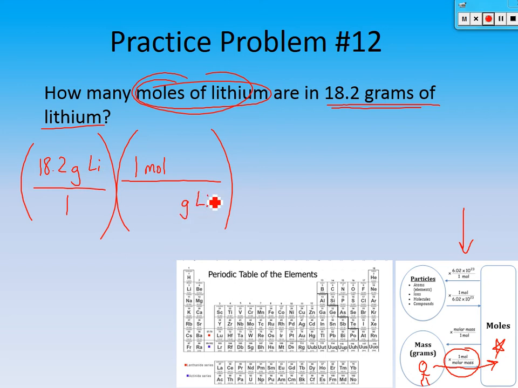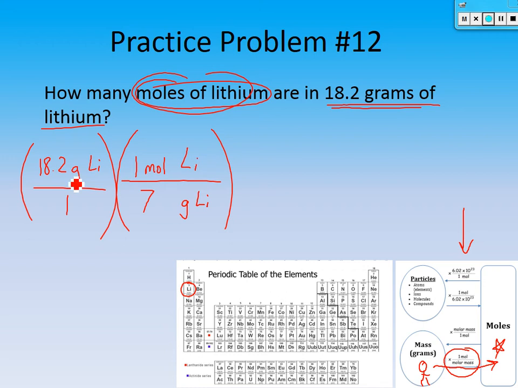So grams of lithium. What is the molar mass for lithium? Well, look on the periodic table right there, and it rounds to what, guys? 7. 7 grams of lithium in 1 mole of what? Of lithium. So please put the substance in there.